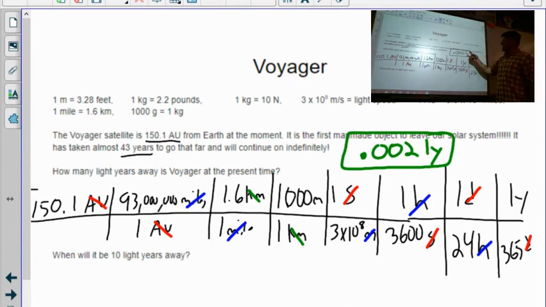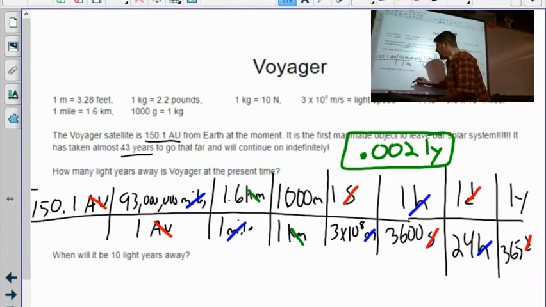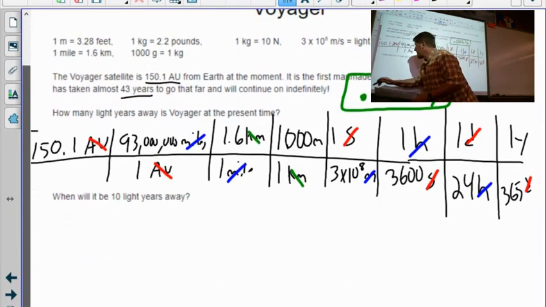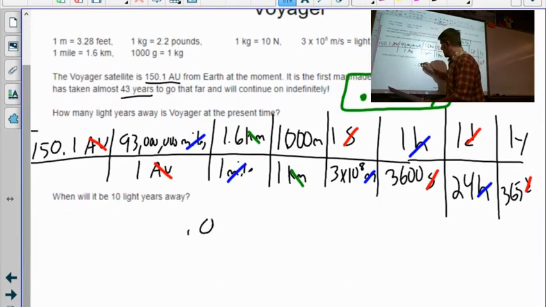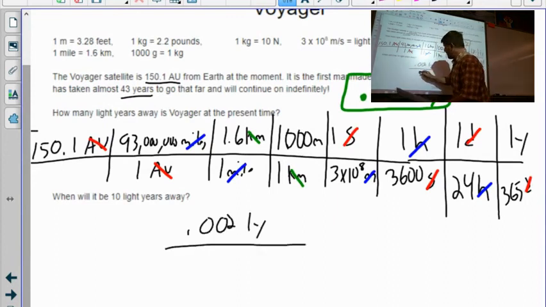Well, to do this, you're going to say it has traveled 0.002 light years in 43 years. So I'm going to do it like this: 0.002 light years per 43 years.